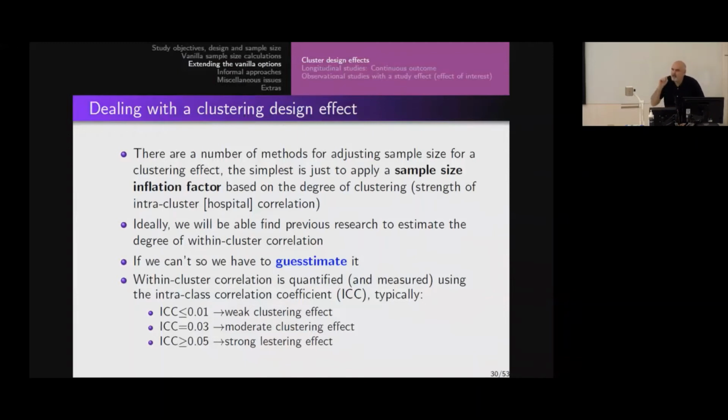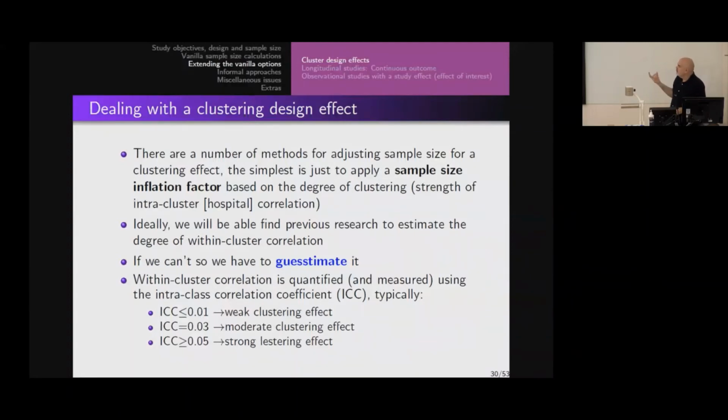almost no one reports this number, okay? So no, in practice, we can't get it from previous research. It's quite rare. So instead, what we do is we guesstimate it. And the general guidelines that are used is, oh, by the way, I should mention, how do we quantify this within group clustering?